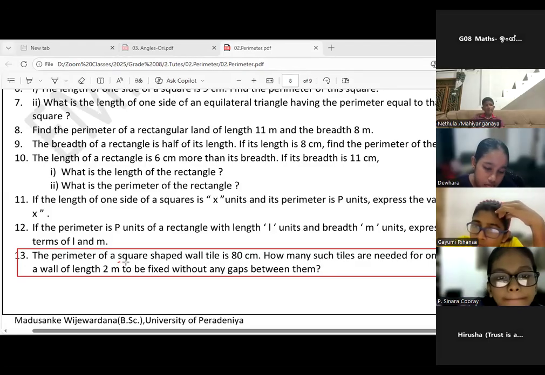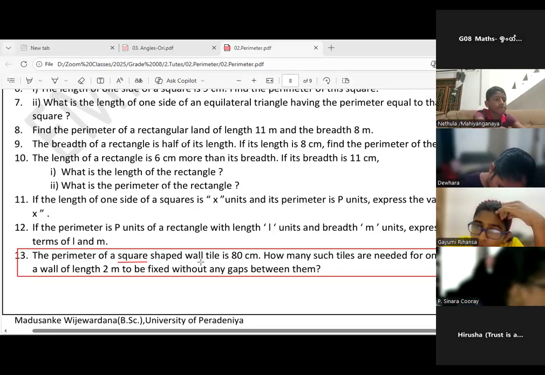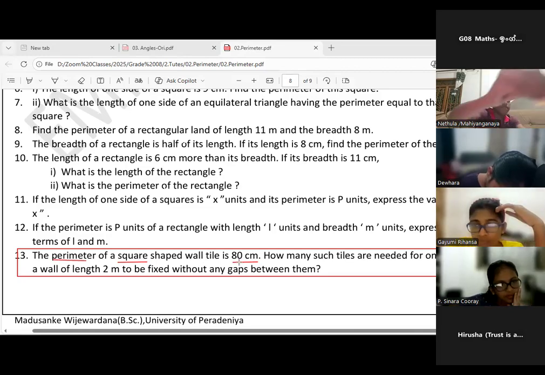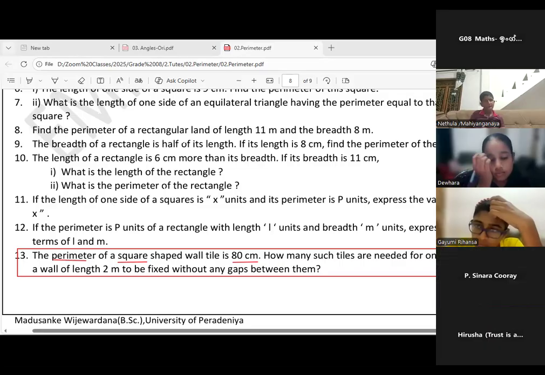Square shape. The perimeter of the wall tile is 80 centimeters. How many such tiles are needed for one lengthwise row of a wall of length 2 meters to be fixed without any gaps between them?